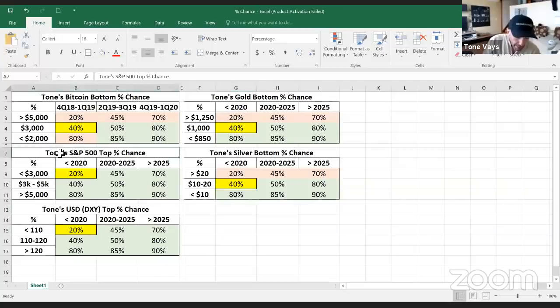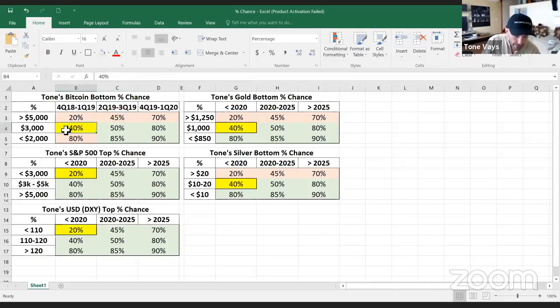Now, the S&P and the dollar are a little bit special. I should probably change this to the Dow, or I'll convert it to the Dow. I know I'm spending a lot of time on this, and you might want to see the Bitcoin charts, but I need you to understand why I'm at 40% and what needs to happen for me to change my mind.